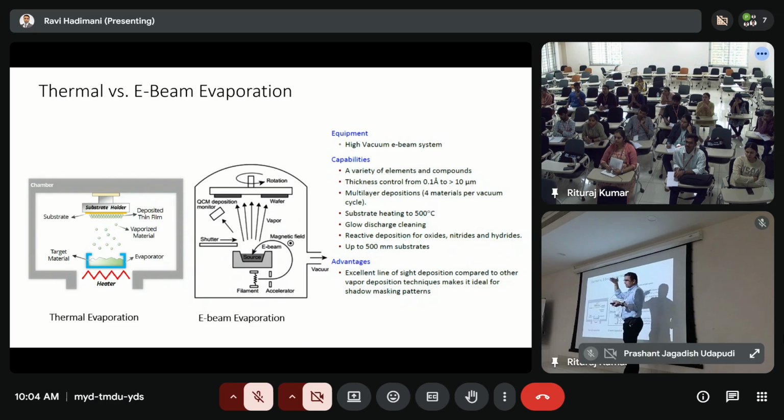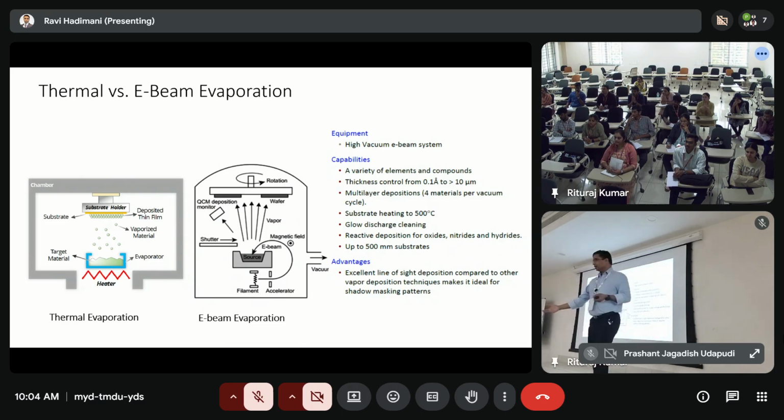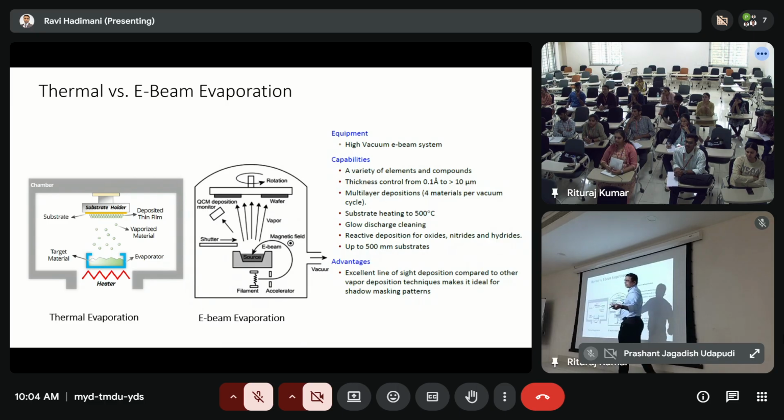If you want to deposit electrodes on any wafer, you put that as a target in the source. Okay, and then the electrons are generated. These are somewhat expensive equipment and expensive processes.